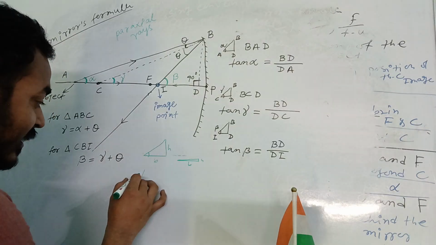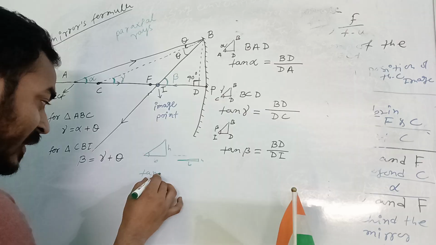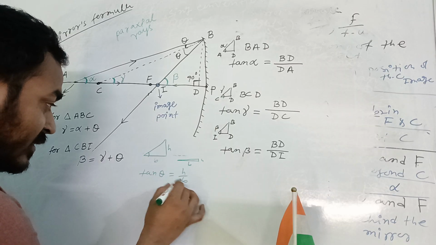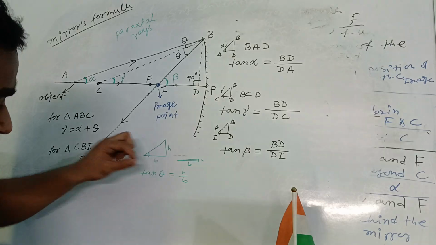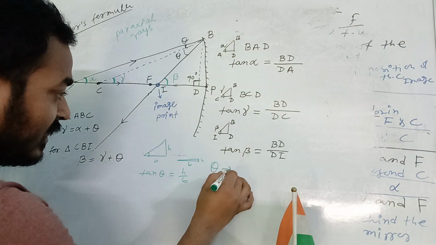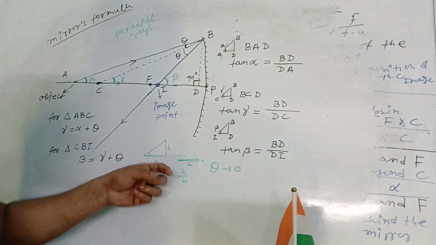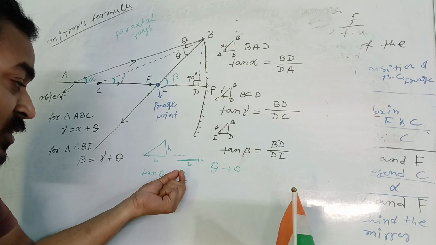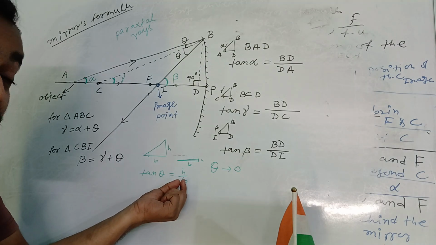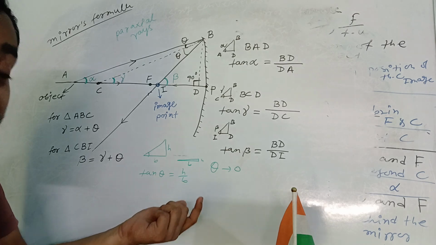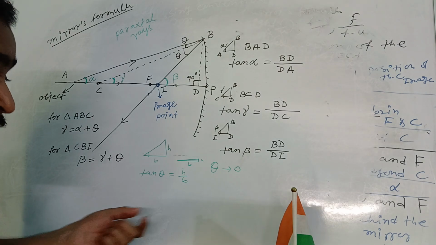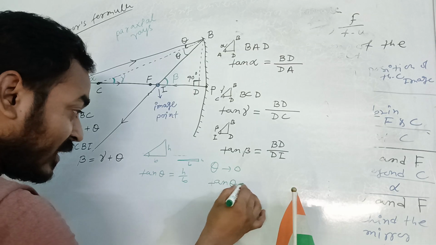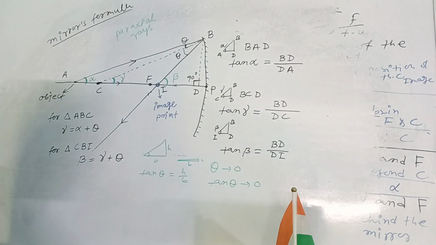So tan of some angle theta is height by base. If theta tends to 0, then height also tends to 0, and something very small divided by b tends to 0. So if theta tends to 0, then the value of tan theta also tends to 0.